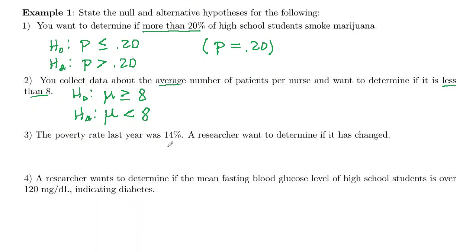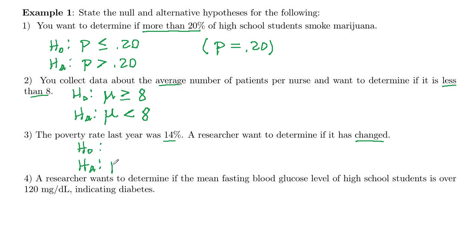The poverty rate last year was 14%. A researcher wants to determine if it has changed. So changed is not directional. So H0, HA, we want to show that it's changed. This is dealing with percents, so we're going to use P and not mu.